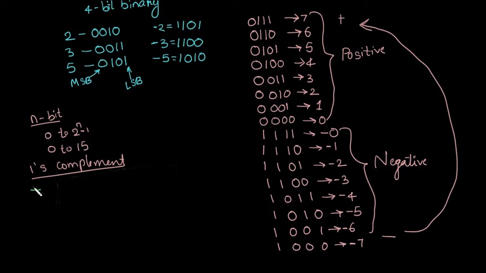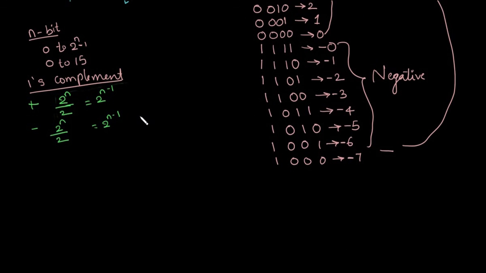So positive numbers are 2 power n by 2 numbers. Negative numbers are 2 power n by 2 numbers, that is 2 power n minus 1 positive numbers and 2 power n minus 1 negative numbers. So the range that a 1's complement number can represent is from minus 2 power n minus 1 minus 1 to positive 2 power n minus 1 minus 1.